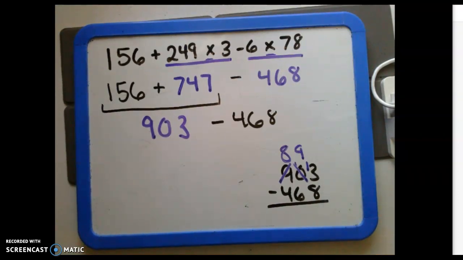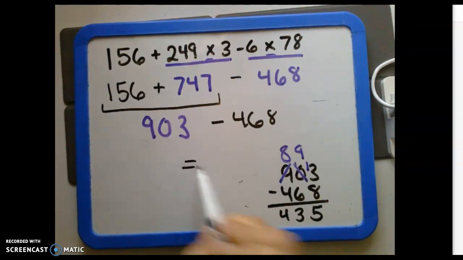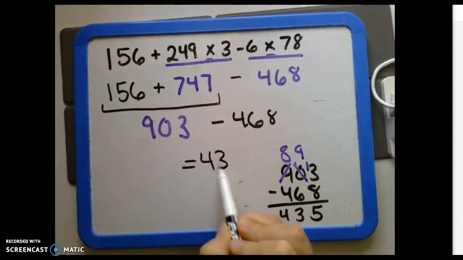So 13 minus 8, 5. Okay, remember I can check it. 5 plus 8 gives me that 13 back. 9 minus 6, 3. And 8 minus 4 is 4. Okay. So my answer is 435.